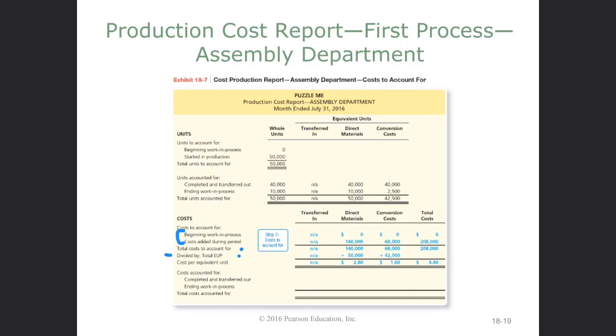And that can be broken down into direct materials. It can be broken down into conversion cost. To find the total cost per equivalent unit, you are going to add whatever the cost per equivalent unit is of direct materials plus whatever the cost per equivalent unit is for your conversion cost equals your total cost per equivalent unit.